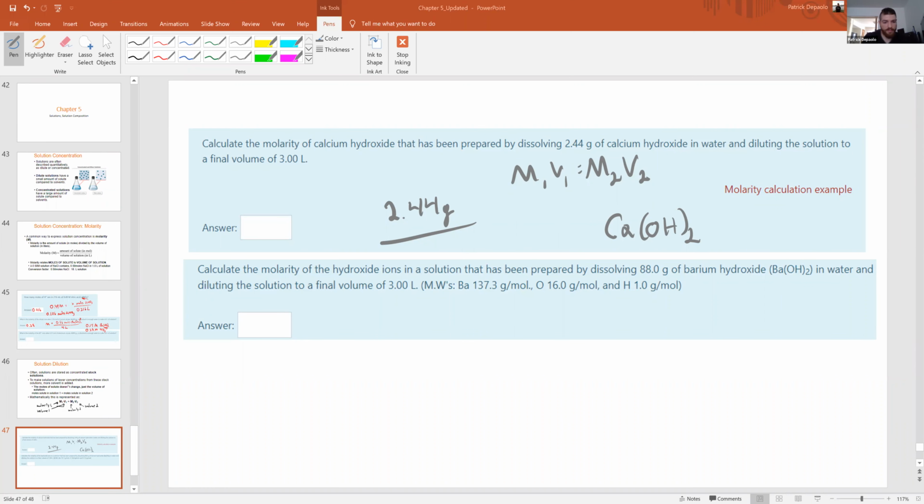So we got 74, the 2.44 divided by 74, 2.44 divided by 74 equals 0.033.